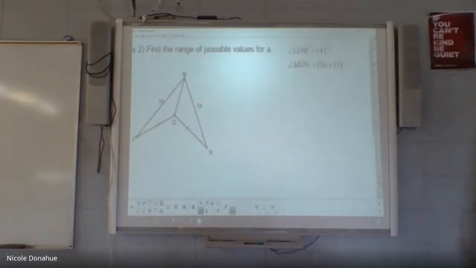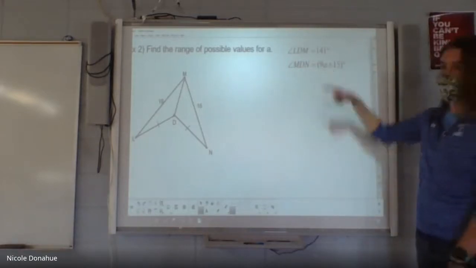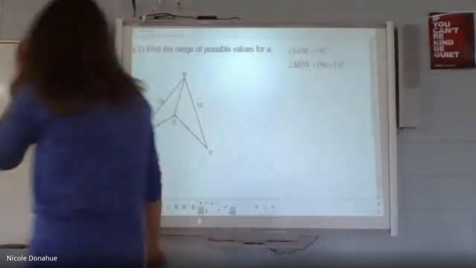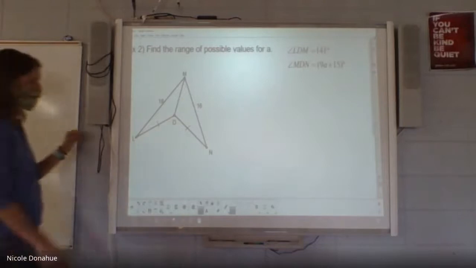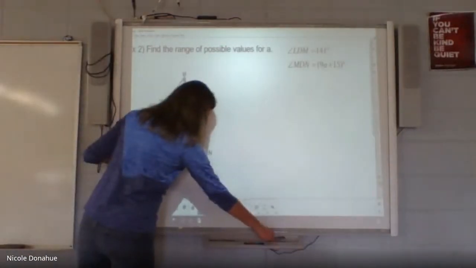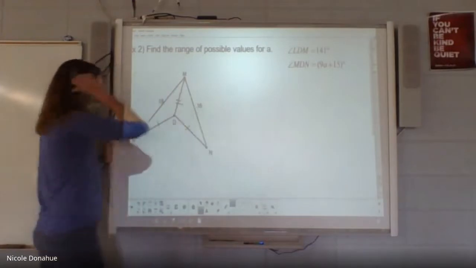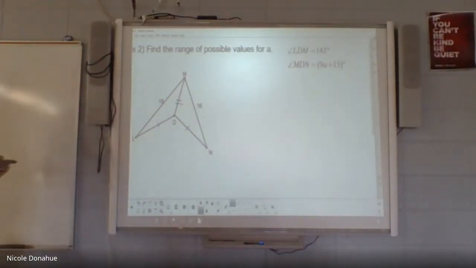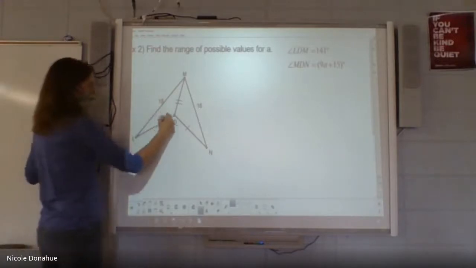So this last one, find the range of possible values for little a, and they have that here. Again, we have equal sides here that are shared. And they tell me LDM is 141.